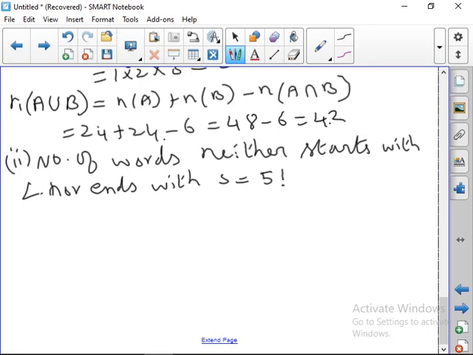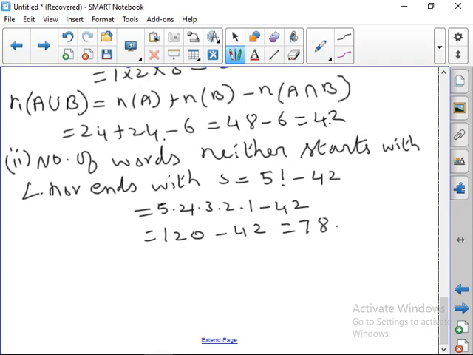But here it neither starts with L nor ends with S. We have found either starts with L or ends with S. So 5 factorial, the total number of words, minus this gives you the answer. So what is 5 factorial? 5 factorial is 5 into 4 into 3 into 2 into 1 minus 42, which is equal to 120 minus 42, which is equal to 78.